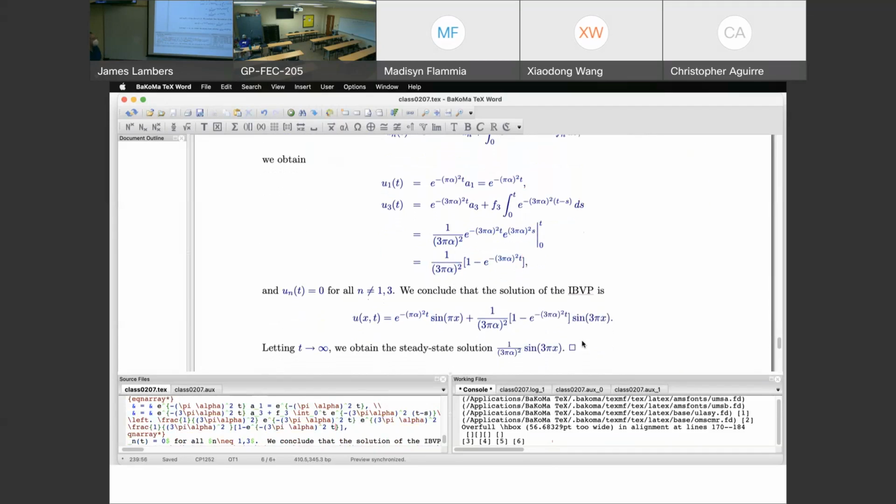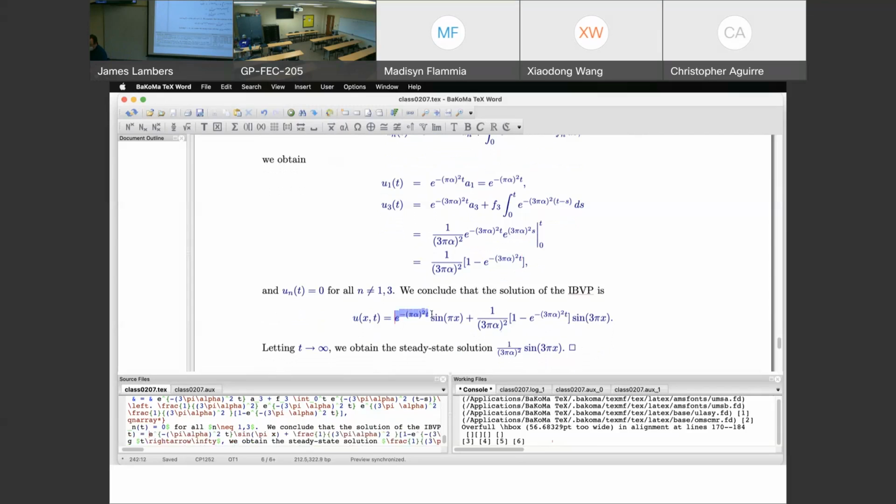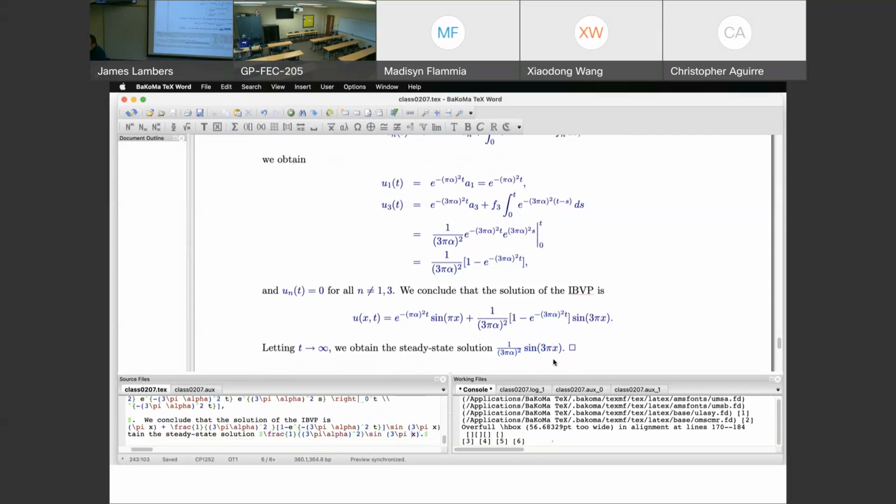And that's it. That's the solution. Just a side comment: if I let t go to infinity, this exponential goes to 0, and this exponential goes to 0. So all that I have left is this. This is what the solution converges to over time.